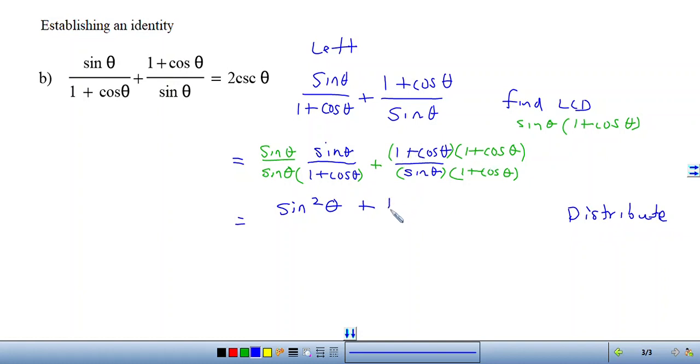You get 1. 1 times cosine is cosine theta. Cosine times 1 is cosine theta. And then cosine times cosine is cosine squared theta, all over this bottom portion right here. We'll just keep it the same.